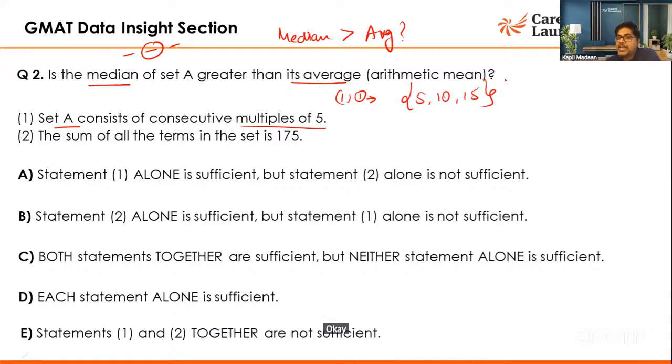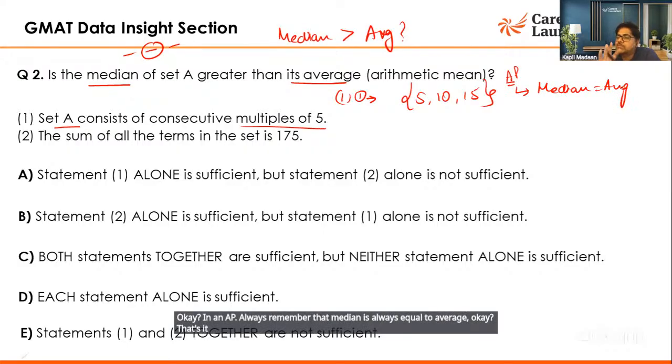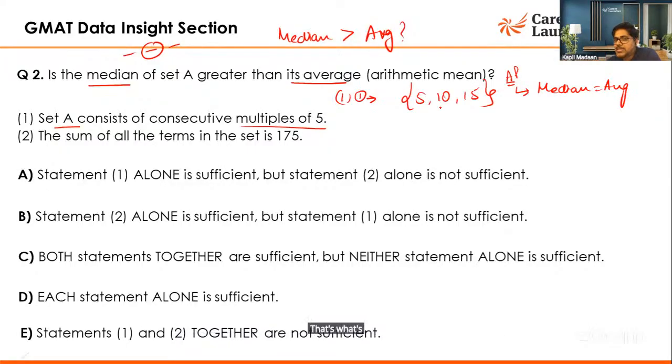In an AP, always remember that the median is always equal to the average. That's the concept asked in the question, and this is an AP. If it's an AP, average is always equal to median. You don't have to calculate. First statement alone is sufficient. What about the second one?